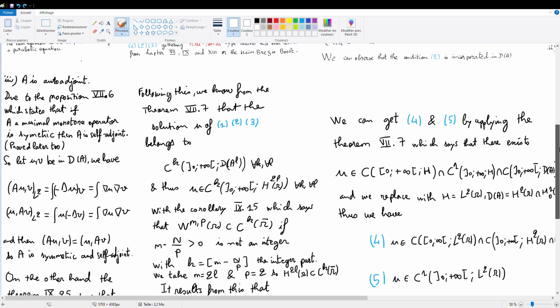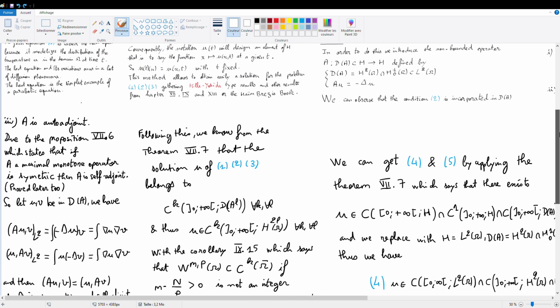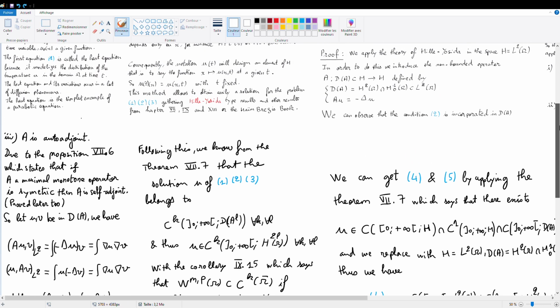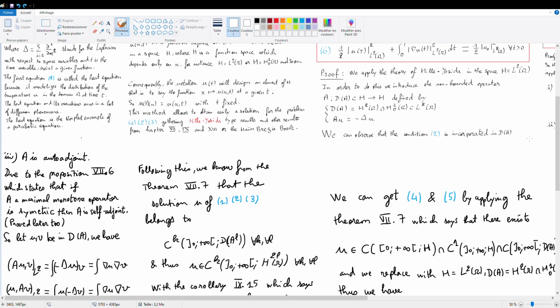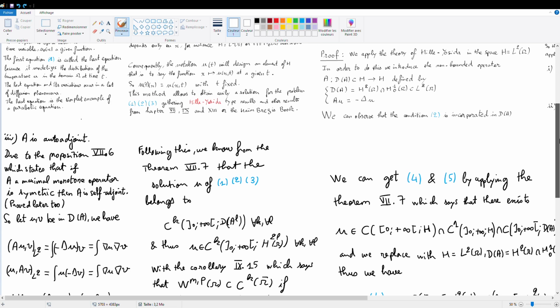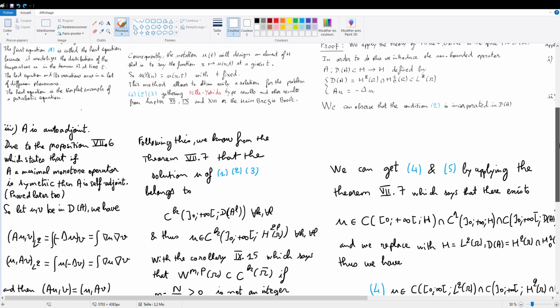we then need to finally show that A is self-adjoint due to proposition 7.6, which states that if A is a maximal monotone operator and symmetric, then we know that A is self-adjoint, proved later too.